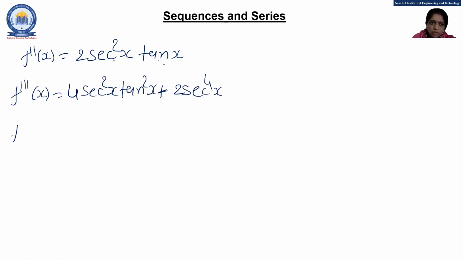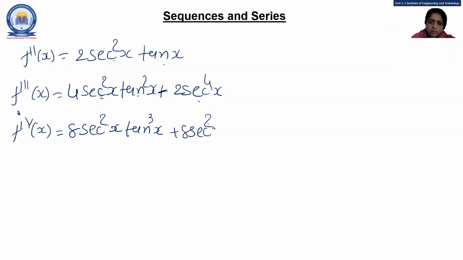And the fourth derivative, again by applying the u into v rule in the first term and differentiating the second term also, my final answer is 8 sec square x tan cube x plus 8 sec raised to 4 x tan x plus 8 sec raised to 4 x into tan x.